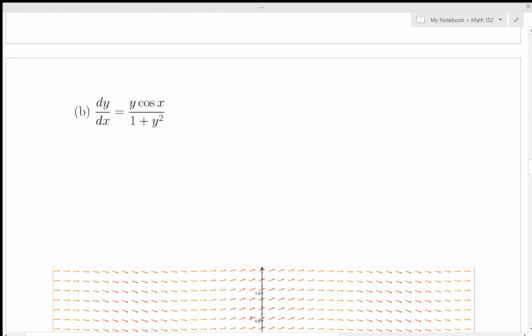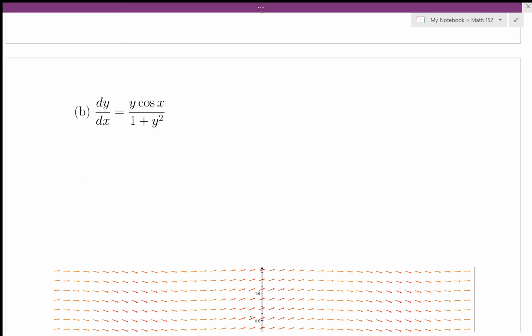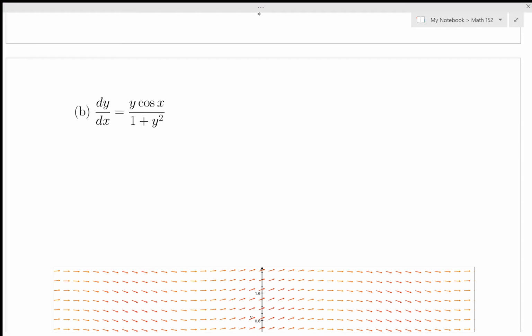Okay, so everything to do with y on one side, everything to do with x on the other side. Maybe I will do it in blue. dy times (1 plus y squared) over y is equal to cosine of x dx.